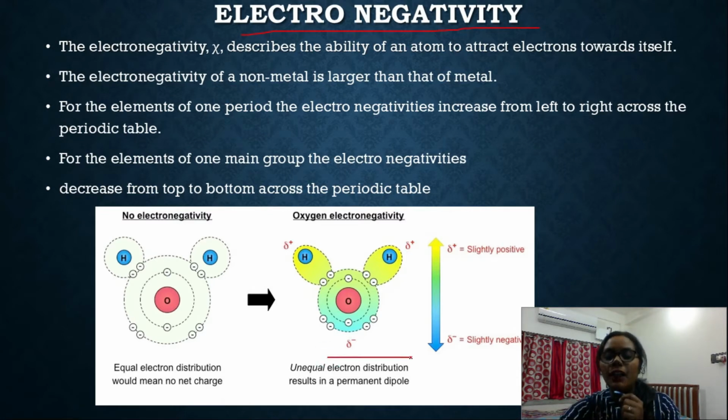Like here in the water molecule, the oxygen atom is bonded with two hydrogen atoms. Among oxygen and hydrogen, oxygen is more electronegative, that means it has the tendency to pull the bonded electron towards itself. This property is called electronegativity. These are some of the topics that we have discussed earlier.